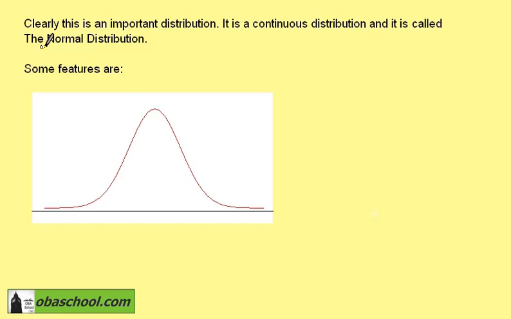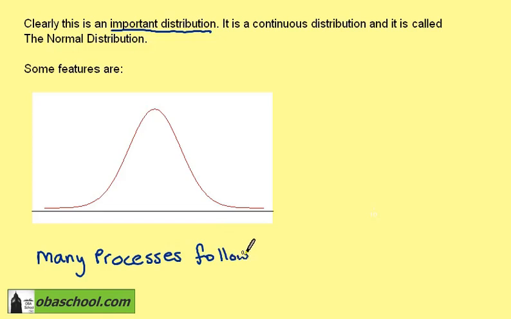As mentioned in the first part of the introduction, this is clearly an important distribution. It's important as very many processes, both natural and man-made, lead to this distribution.